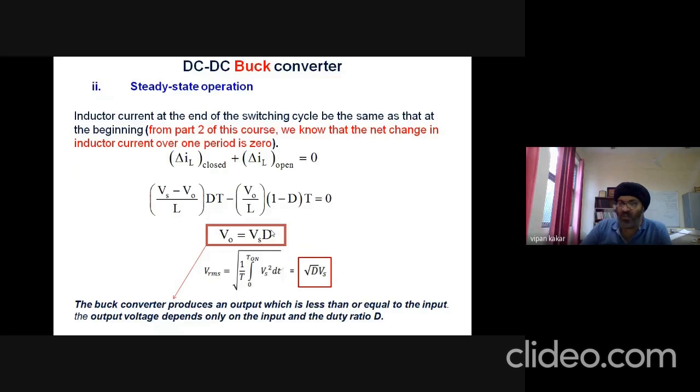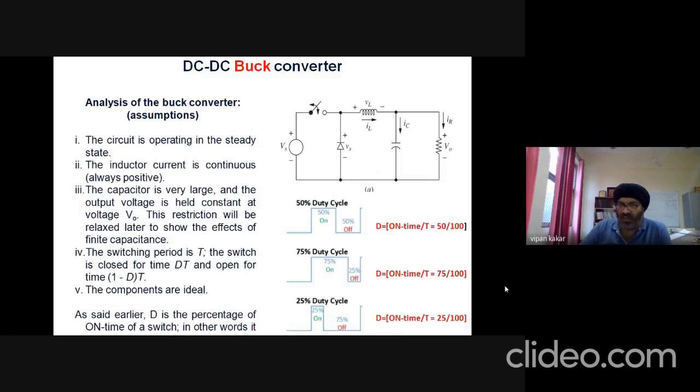So the turn on time of a switch is always less than 100%. It has to be turned off also, as you can see from here. So this is 50% duty cycle, less than 100. 75% duty cycle, less than 100.